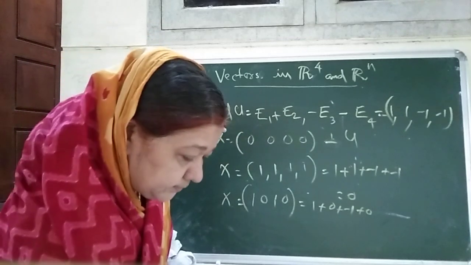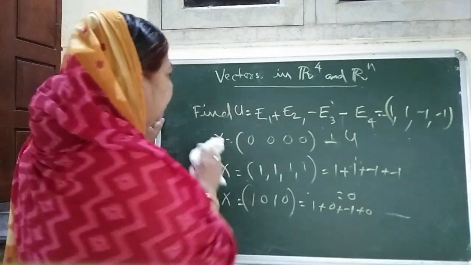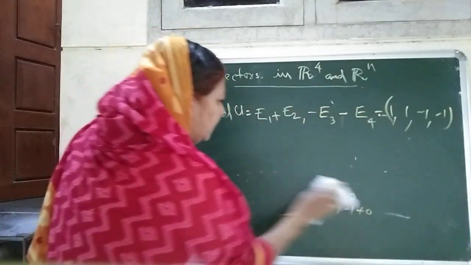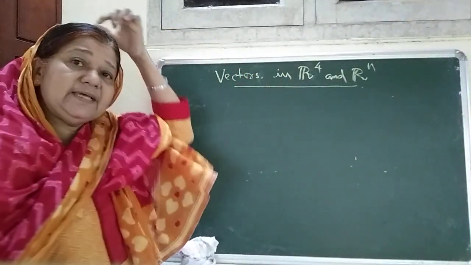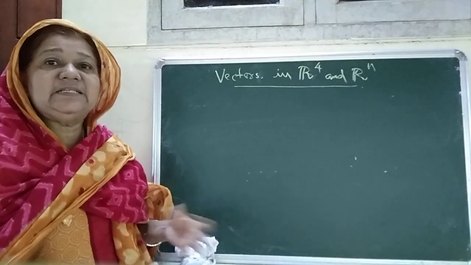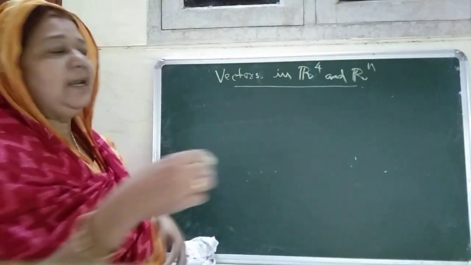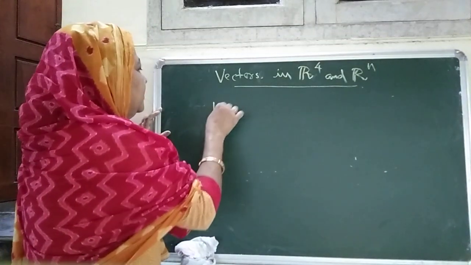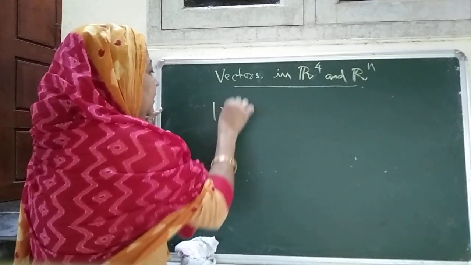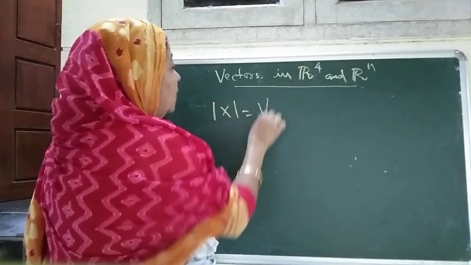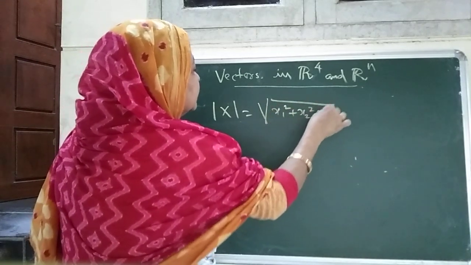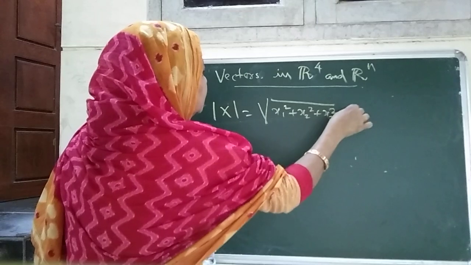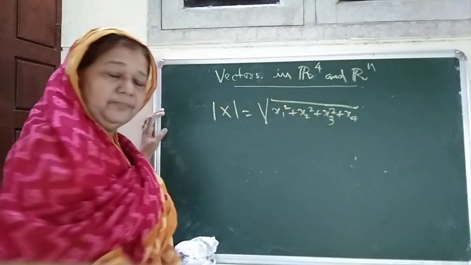Then we define another property, that is orthonormal set. What is an orthonormal set? The modulus of a vector x is equal to root of x1 square plus x2 square plus x3 square plus x4 square for R4.